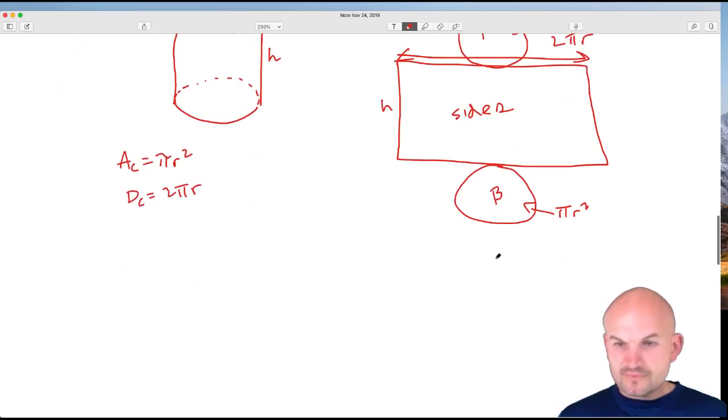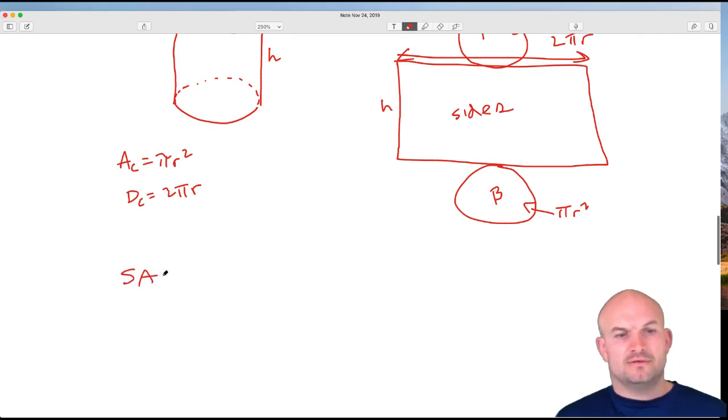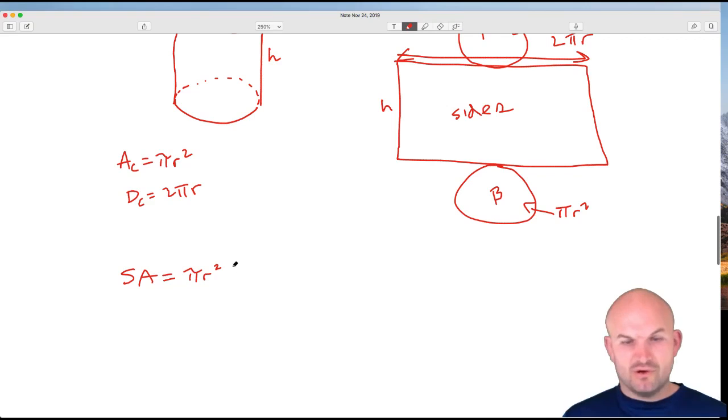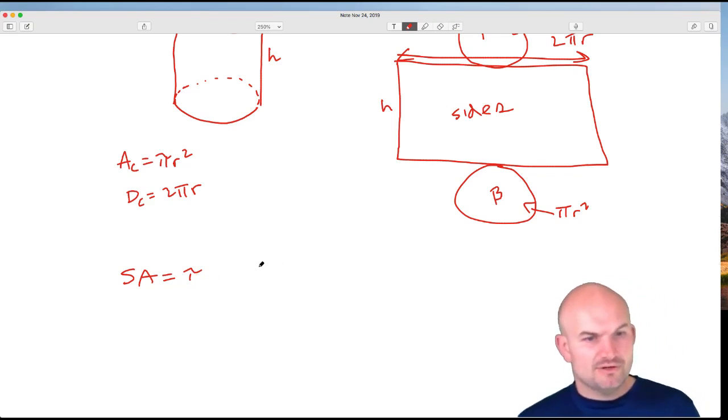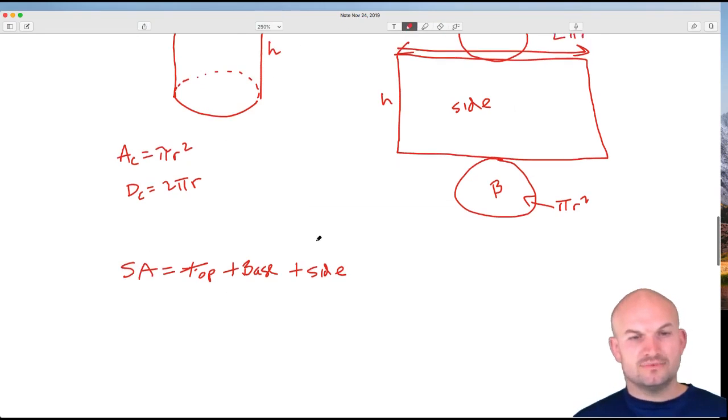So the formula for surface area is going to be the top plus the base plus the side. And I don't know why I call that sides, because there's only one of them. All right, so let's break this up.